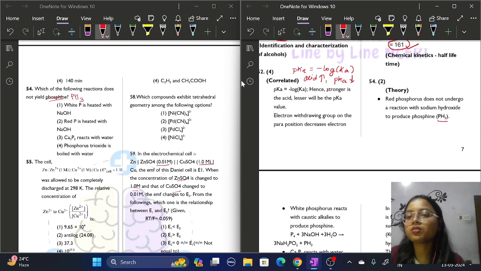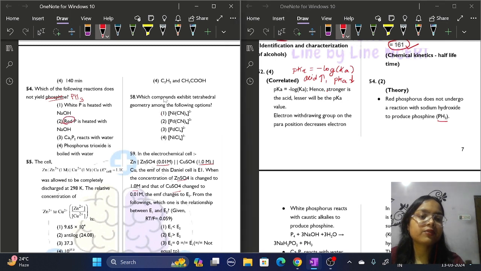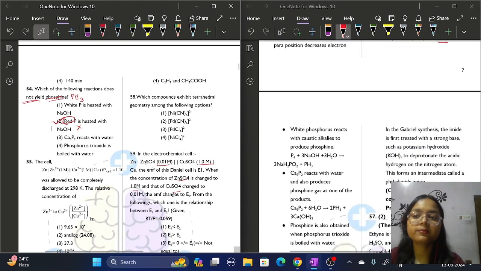So the answer is red phosphorus. Red phosphorus does not give phosphine. We have to find which of these reactions does not yield phosphine, so the second option will be the correct answer. But let's see whether the other reactions give phosphine or not.